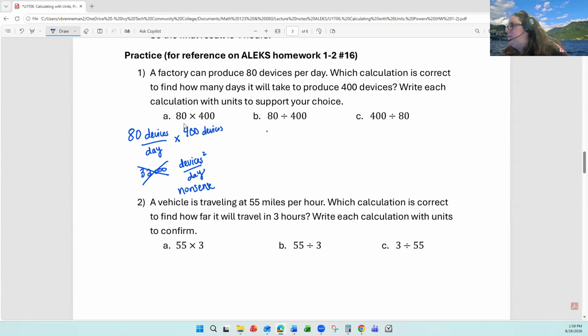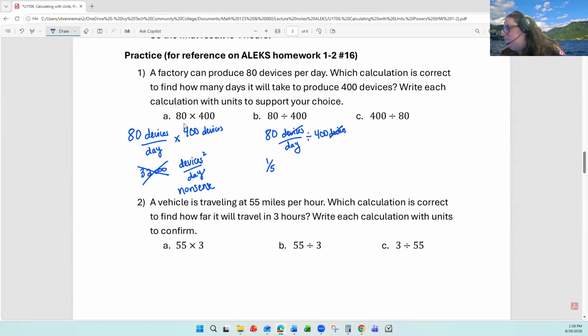If I took 80 devices per day divided by 400 devices, when I take devices divided by devices, that cancels out. I would have 1/5, but my day unit is on the bottom.